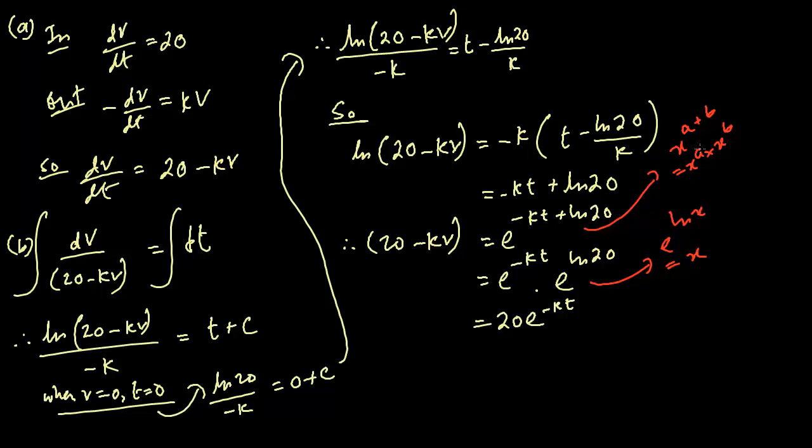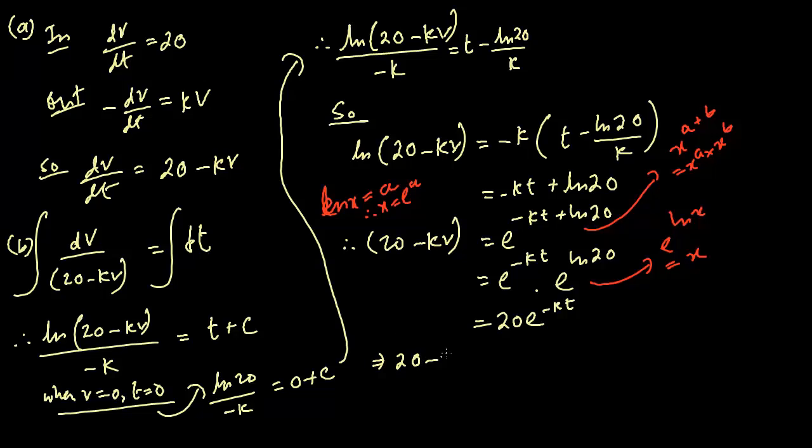So this is the indices rule. And from this line to this line we use the rule ln x equals a, therefore x equals e to the power a. So we are using quite a number of different rules for simplifying this, so that's why it might seem a bit difficult. You have to be very careful.